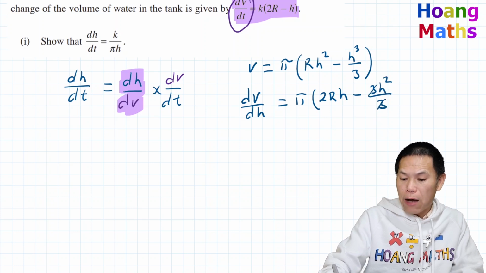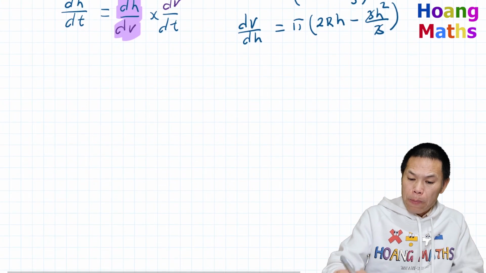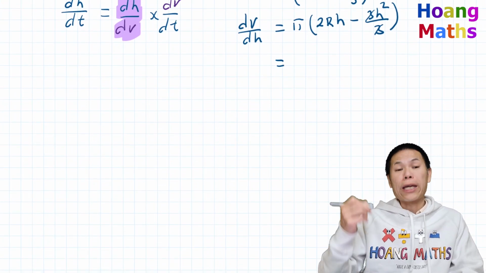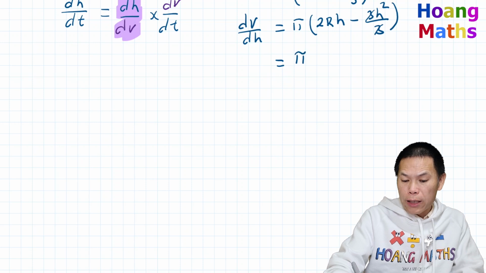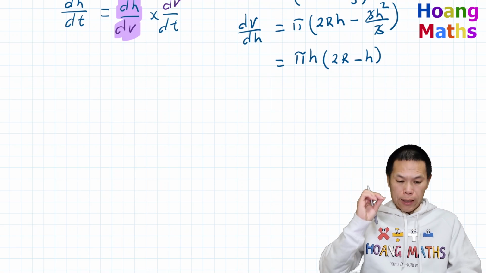So this cancels out. I can take h out as well, so that is the same as pi h (2r minus h). Okay, that is dV/dh.